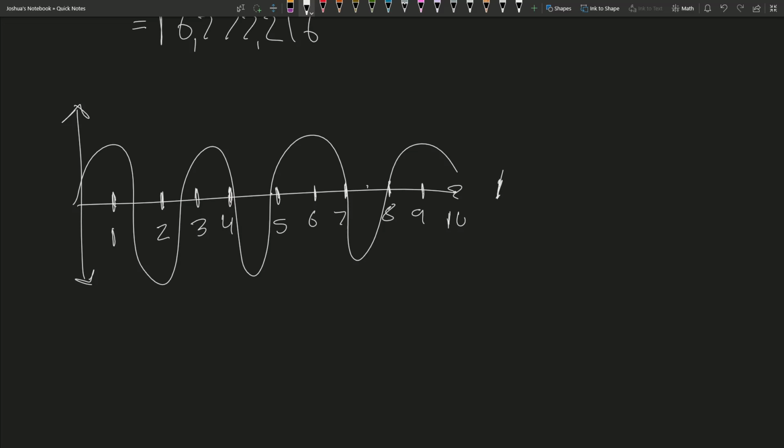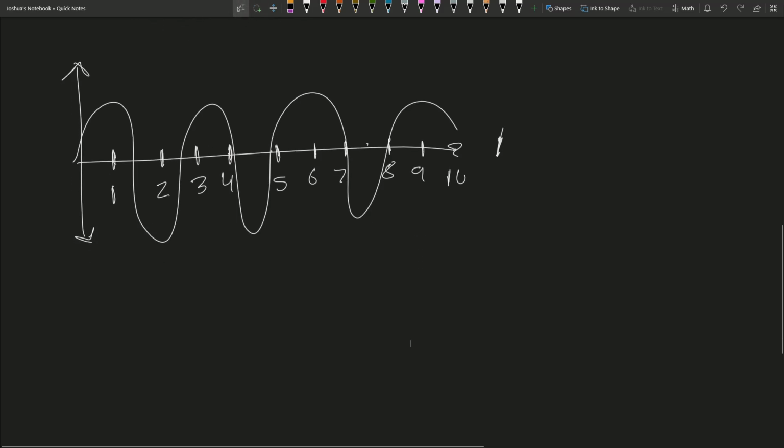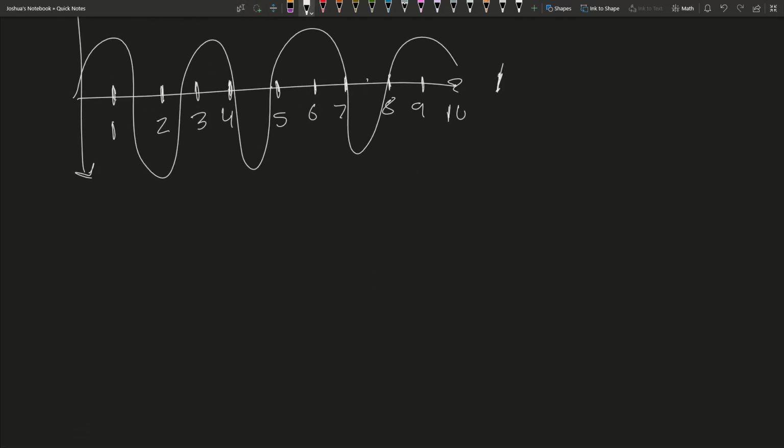So at a sampling frequency of 10, I'm going to take a sample, and then my output will be whatever the signal is at that time. So here, I'm going to use a different color.